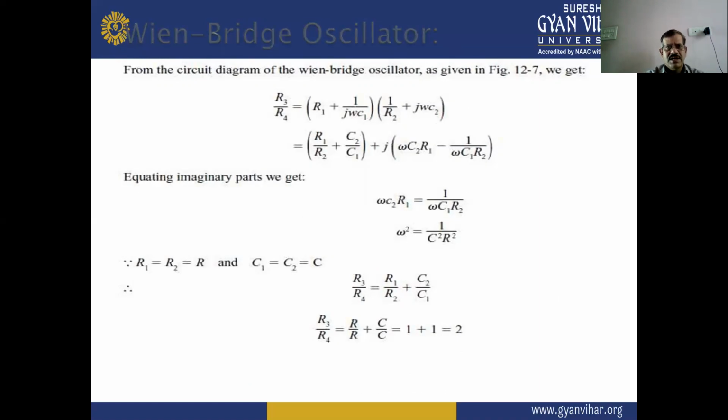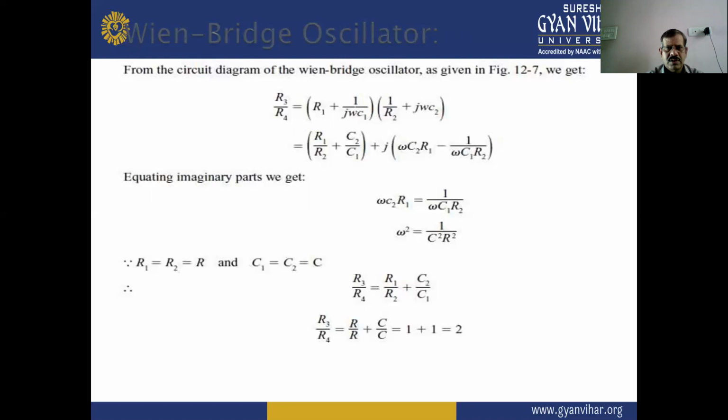From the circuit diagram of the Wien bridge oscillator, we have R3 upon R4 equal to R1 plus 1 upon j omega C1 into 1 upon R2 plus j omega C2, and we write this equation in imaginary and real parts.